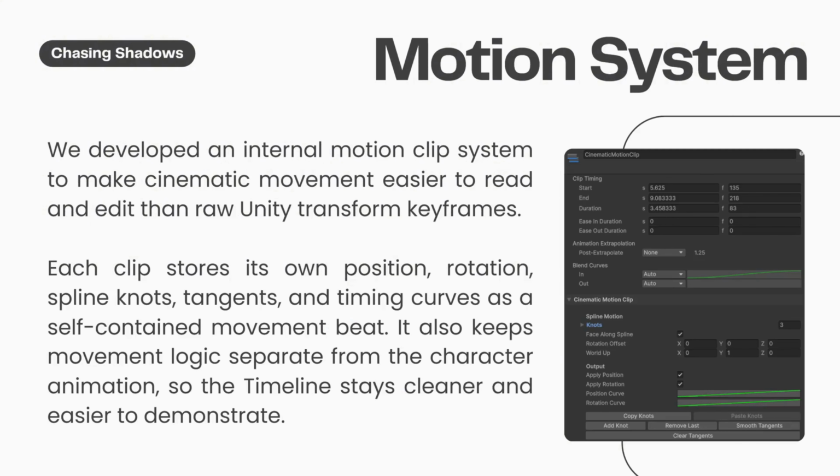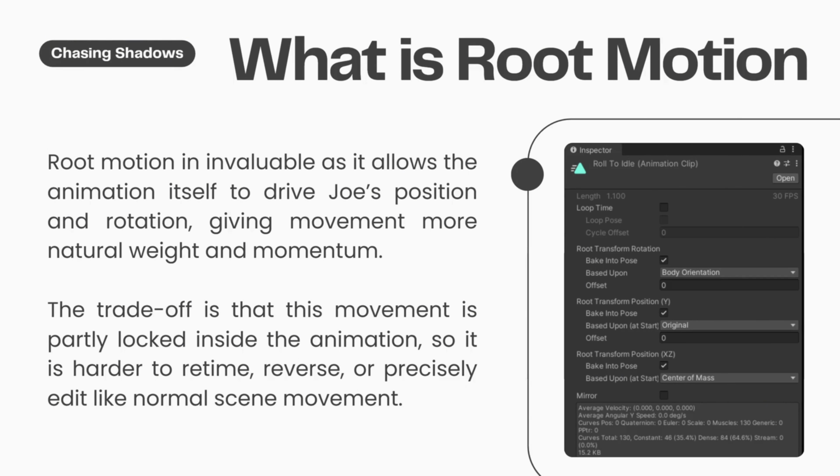The motion system that I created is an internal motion clip system that just allows us to easily read and edit the motion of the characters, integrated with the spline rather than using the raw Unity transform keyframes. It's just nicer, easier, and simpler. Nothing revolutionary. Whilst that is very useful for in-place movement, it's also valuable to have root motion animation.